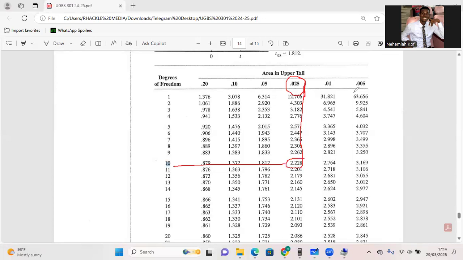You can keep that in mind. So it's 2.228.